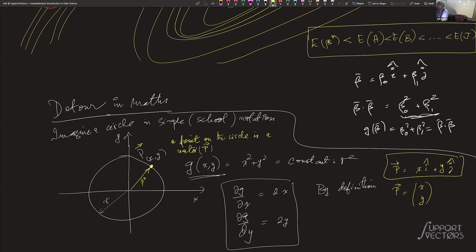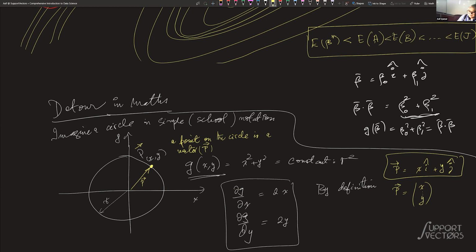You have to cook up newer and newer indices. It's just simpler to use a simple notation. Forget about ijk. And if there are too many of them, you can put dots in between. So for example, if it was n dimensions where n was 30, you could say x1, x2, and then xn, a stack of all those component numbers. That's why in machine learning, we use this notation.